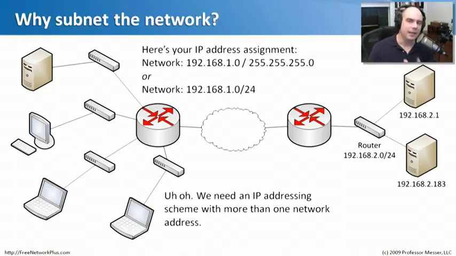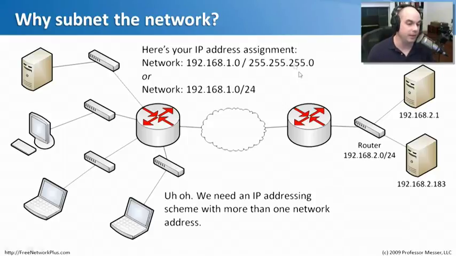So let's say that your ISP or your internal network department, maybe you're at a remote site, has said, you've got an IP address that we're going to give you. Your network is 192.168.1.0, and your subnet mask is 255.255.255.0. Or they may just say your network is 192.168.1.0/24. That's the CIDR block notation we were talking about earlier.